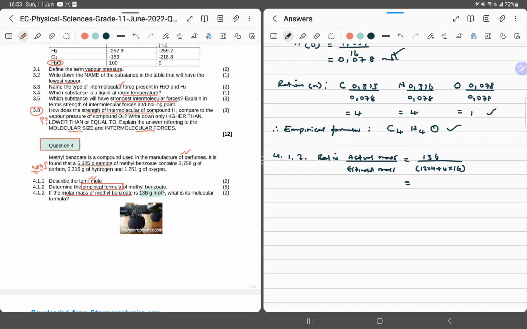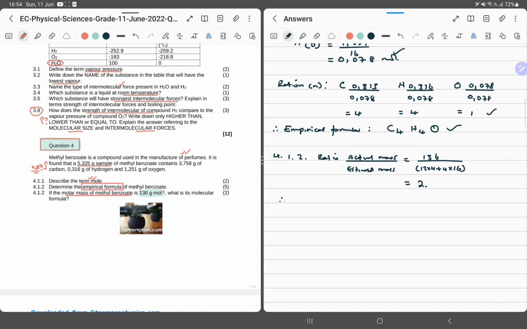Okay, let's see what is that ratio. So 136 divided by 12 by 4 is 48, plus 4 plus 16. We get a 2. Oops, that's nice.